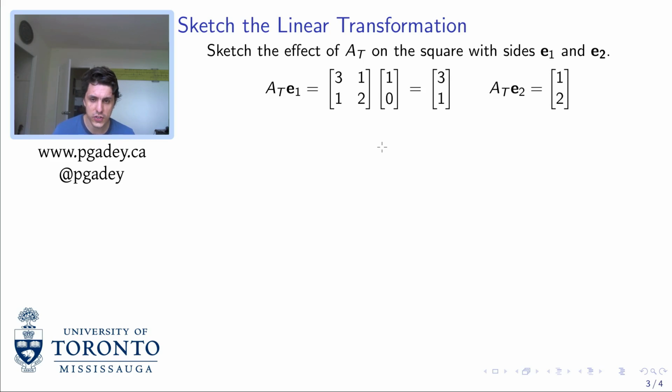So the first thing to do is to visualize what E1, E2 look like. We draw the vector E1 here, and the vector E2 here.